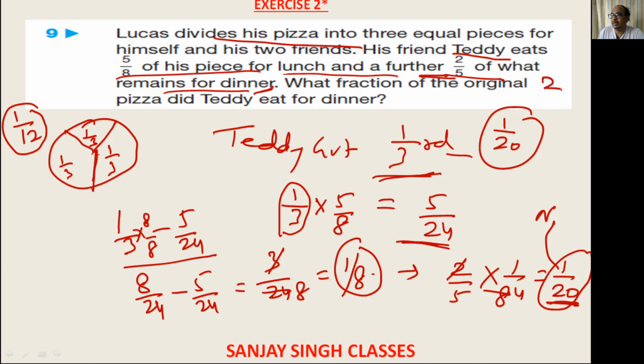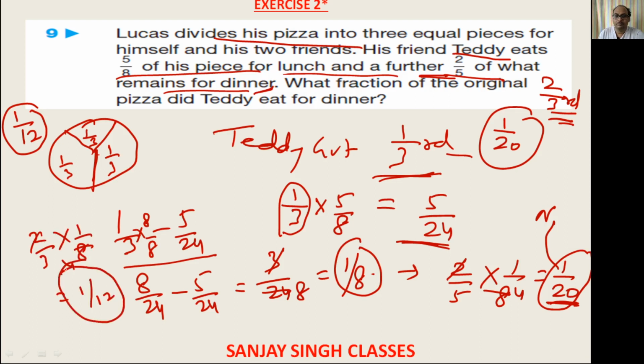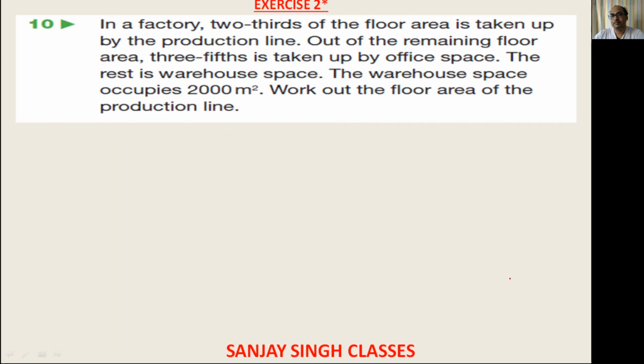In case of 2 by 3rd, the answer can become 1 by 12. But if he has eaten 2 by 5 as dinner, then it will become 1 by 20th. He ate that for dinner. Okay, next.